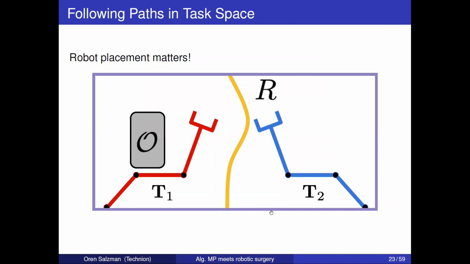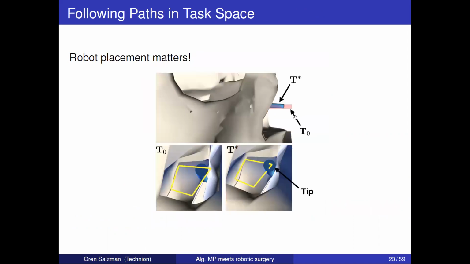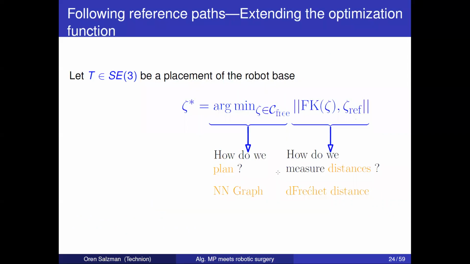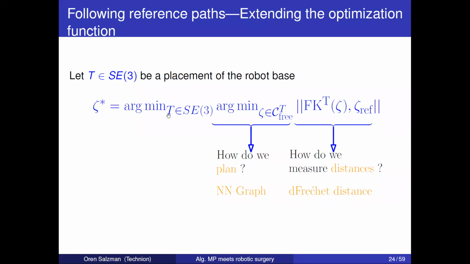Since I'm a bit slower on time, I'm going to skip this part, but I want to say that robot placement matters. And I'm going to run through this. Where we place the base of the robot makes a huge difference. Here we see that for some placement, we couldn't reach the corner, and by optimizing over the placement, we could reach it. So the optimization problem is that we need to optimize over all placements of the robot.